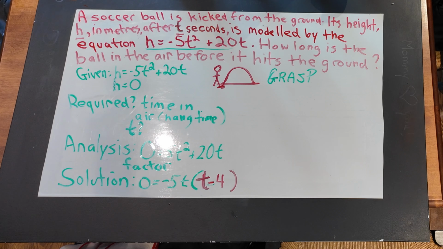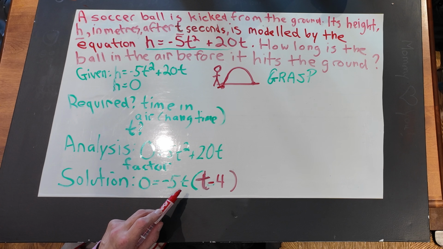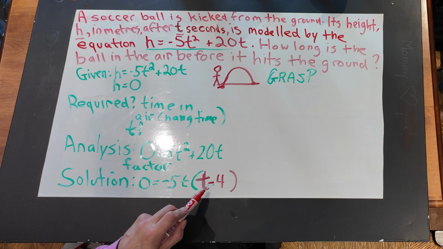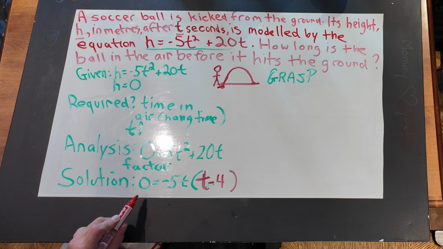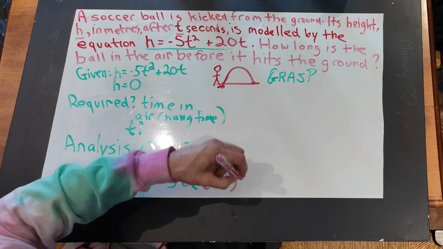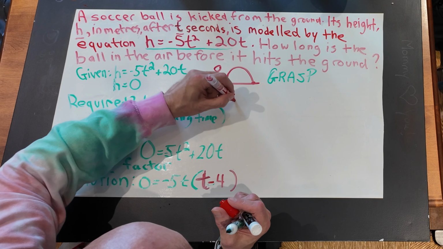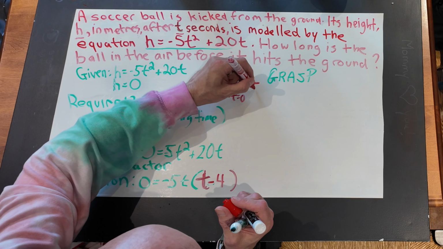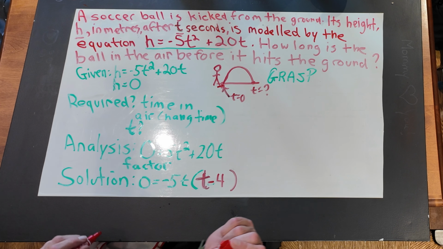Okay, so if 0 is equal to -5t times brackets t minus 4, what is a value for t that's going to be equal to 0? Well, if t is equal to 0, it's all equal to 0, okay? But we already know that this is when t is equal to 0, right? What is it here at the second time?